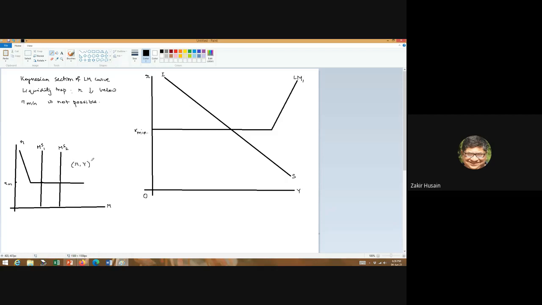If the money supply goes up, suppose this LM curve has been drawn for Y1. So that means the rate of interest will always remain RM, right? And you're keeping Y1 constant. So your rate of interest will not fall over here.